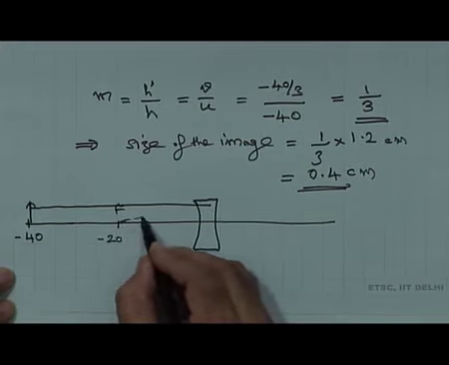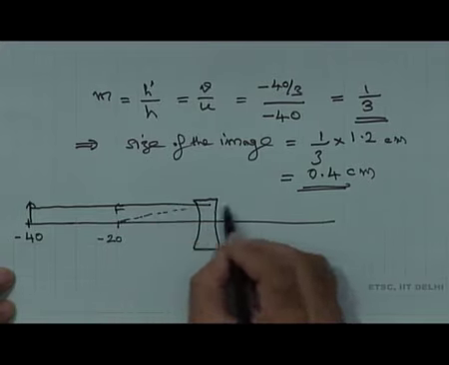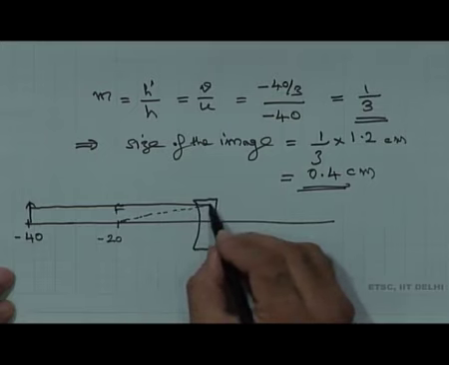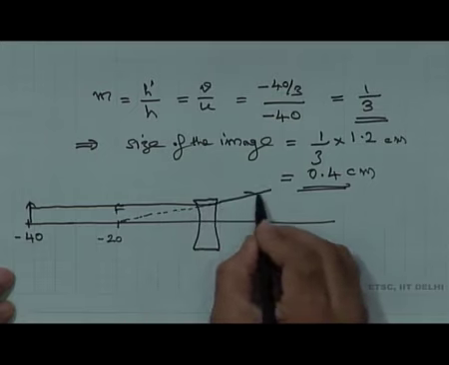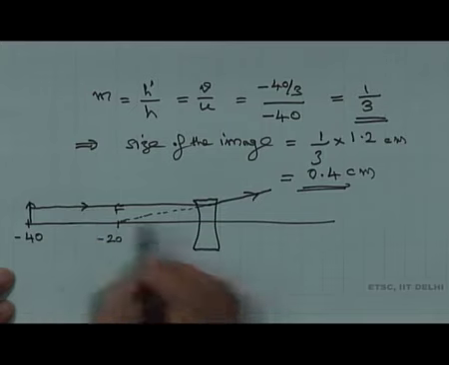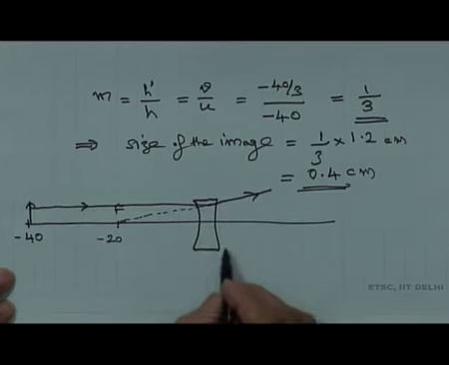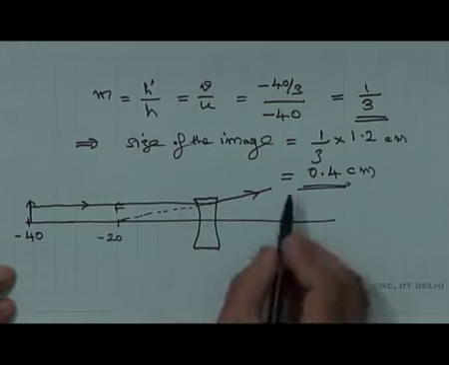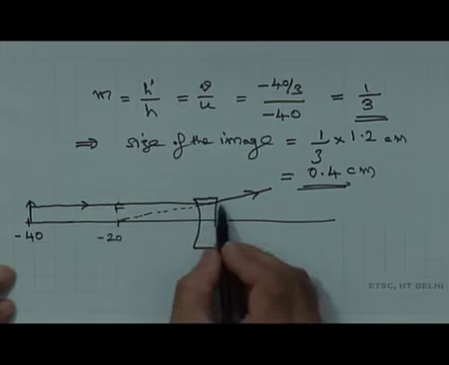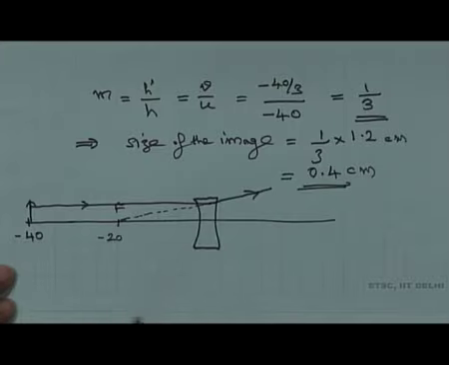Therefore, the parallel ray would travel in this direction, like this. Please remember that this is the combination of one convex and one concave lens. So, here the parallel ray appears to come from the focus.